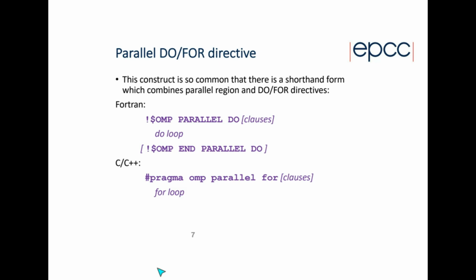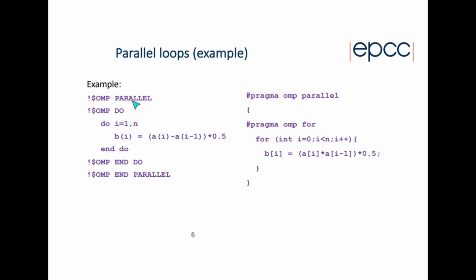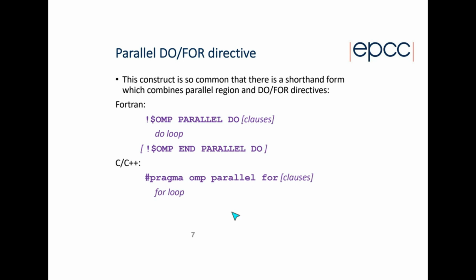It turns out that this pattern of constructs is so common. You want a parallel region and a work sharing directive. It's such a common pattern that there is a shorthand form which combines them both.